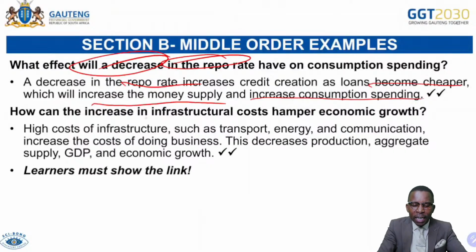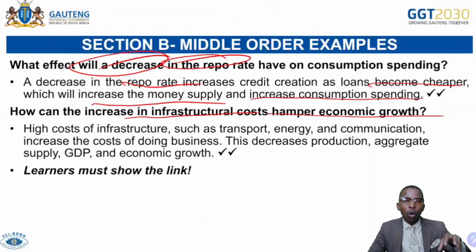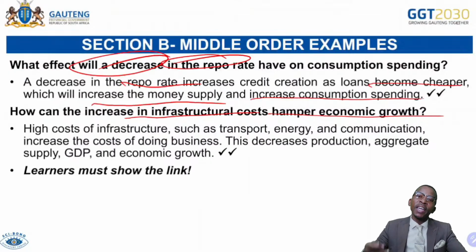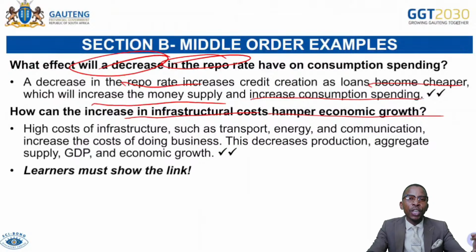How can an increase in infrastructural cost hamper economic growth? Now we are going straight to supply side policies. If ever the cost of infrastructure increases in South Africa, like the cost of energy, transport, and communication, remember businesses are very much linked to that particular infrastructure in order to operate.